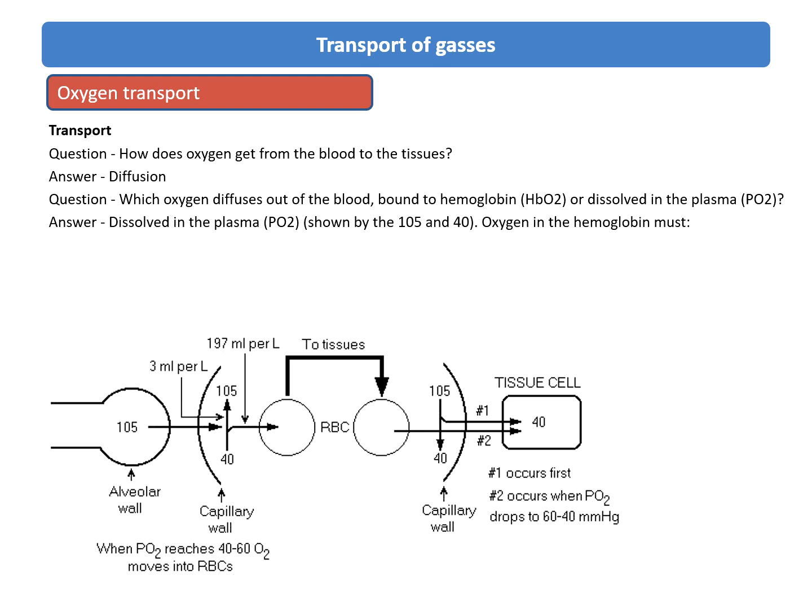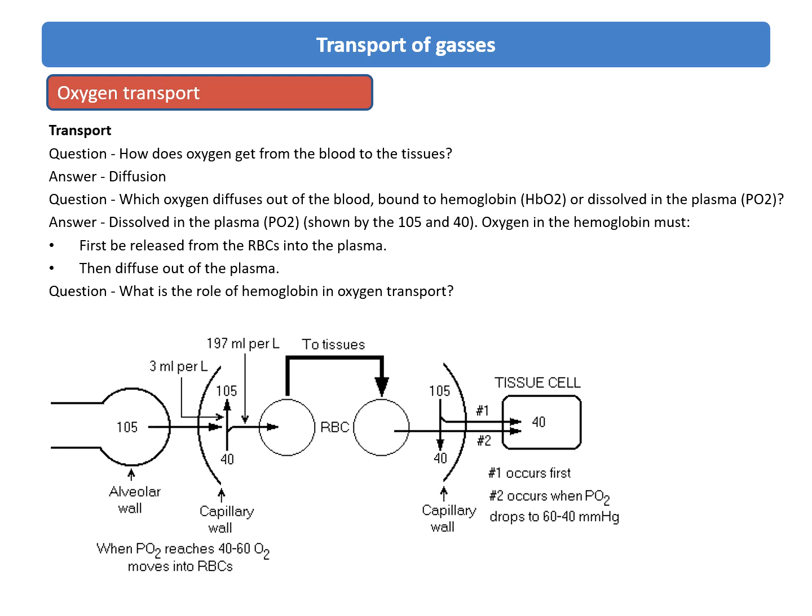The answer is it's the dissolved plasma oxygen, shown as the 105 and 40 in the plasma. The oxygen in the hemoglobin must first be released from the hemoglobin into the plasma, then it diffuses out of the plasma.